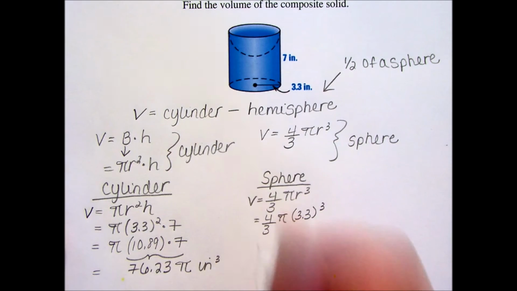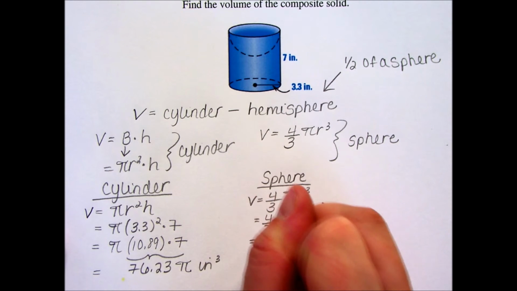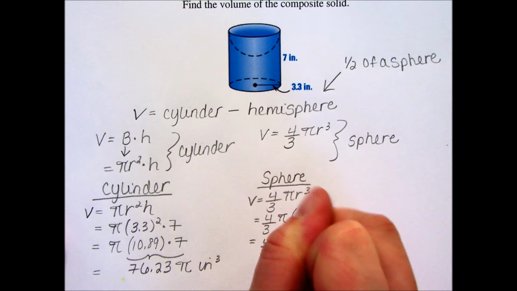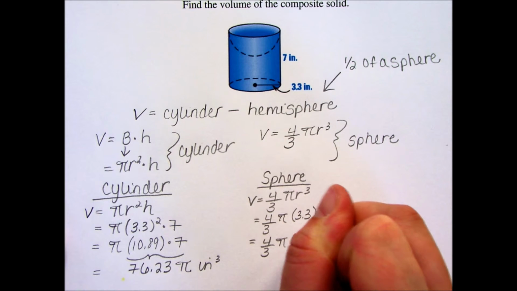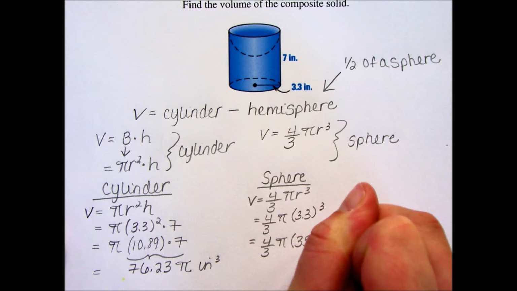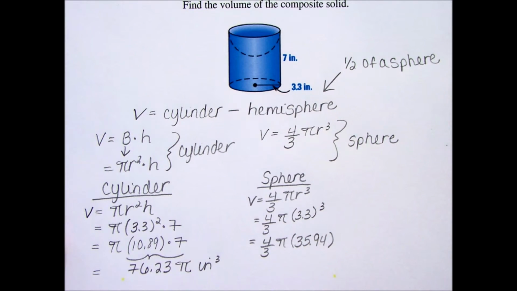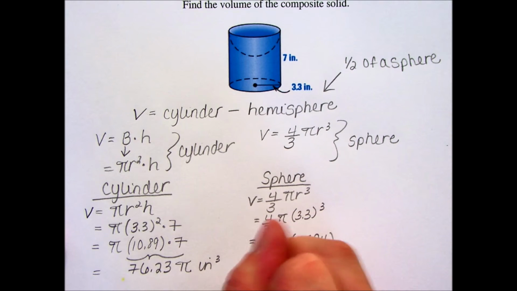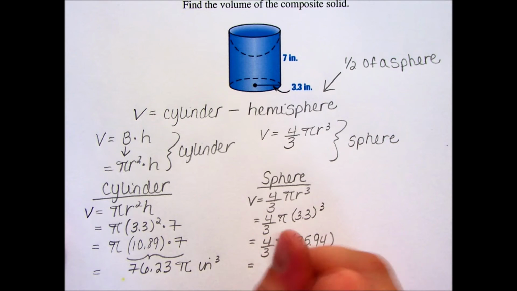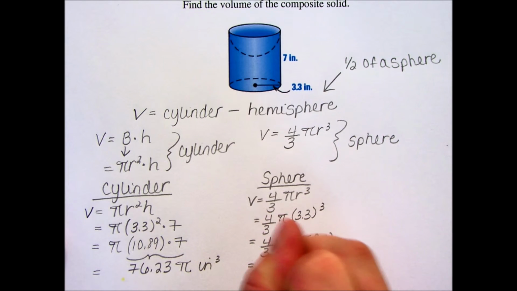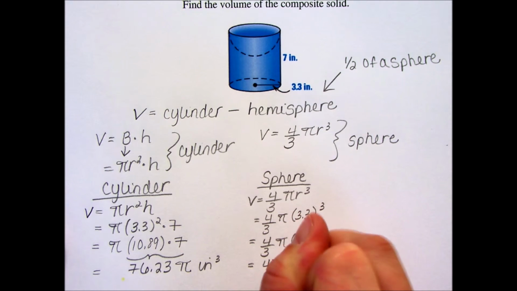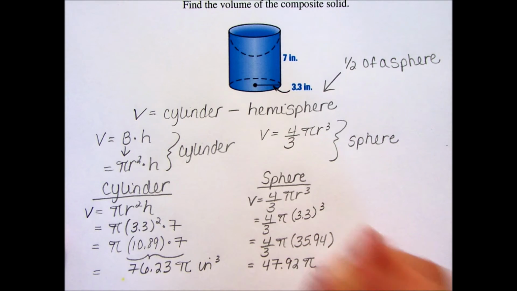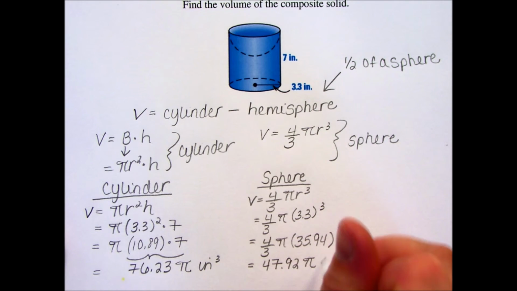So when you take 3.3 to the third power, you get 35.94. And as we again continue to evaluate what we have, we're going to multiply 35.94 times 4 and then divide that by 3 to get 47.92 pi.